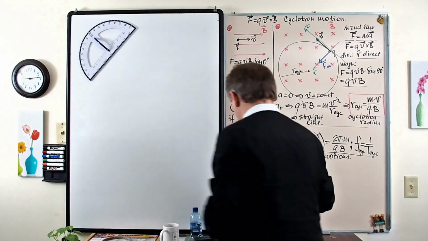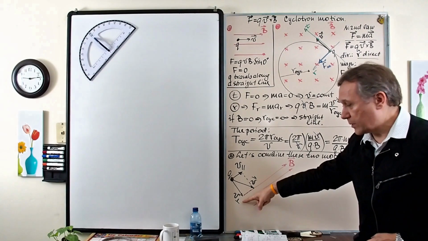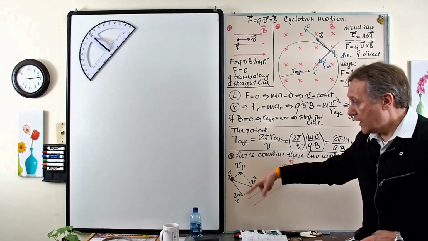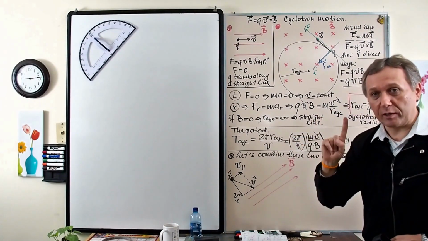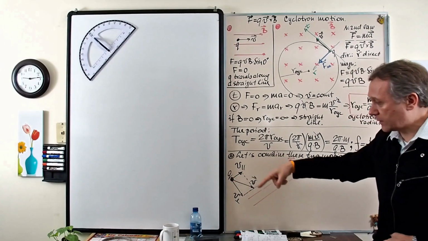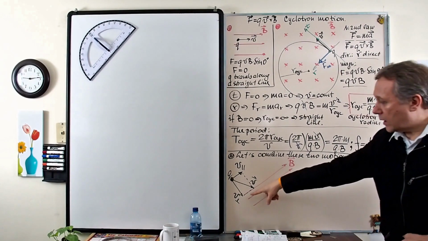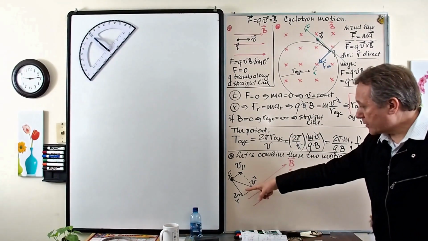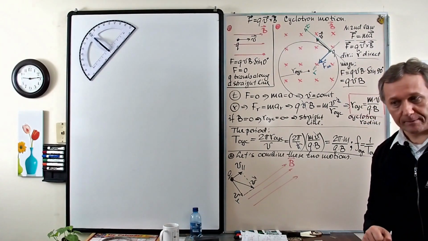So as a result, we have circular motion because of this perpendicular component, and uniform translational motion along the magnetic field lines. As a result, basically we have something like this. We have helical motion. Basically, a particle is going sort of like a spiral around magnetic field lines.